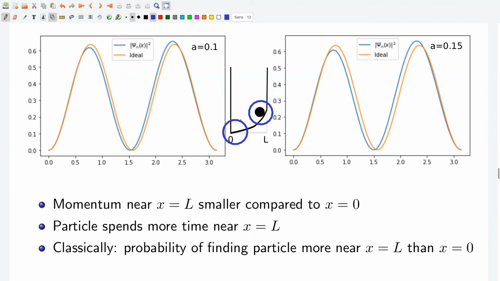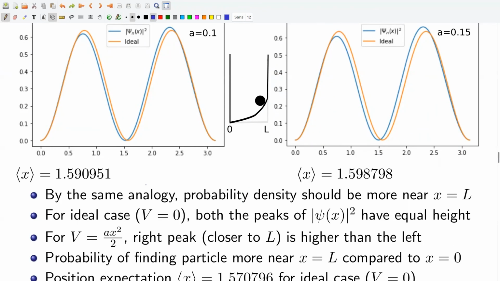As a result, particle spends more time near x equal to L than compared to x equal to 0. Thus, classically, probability of finding the particle is more near x equal to L than that of x equal to 0. If we use classical analogy, then probability density should be more near x equal to L.